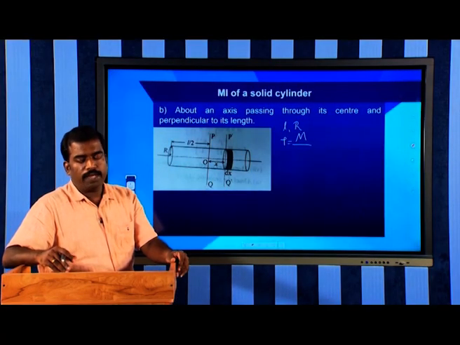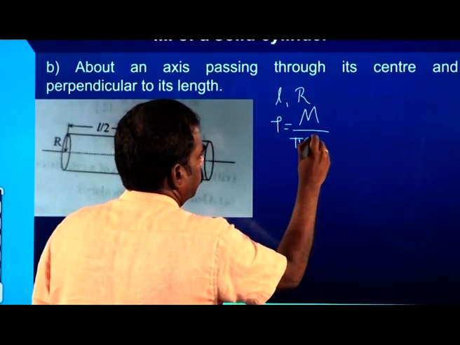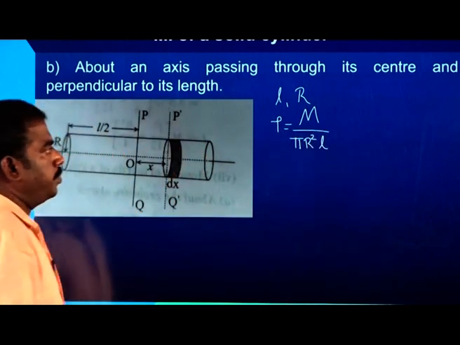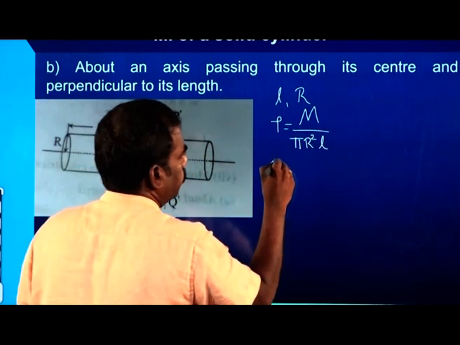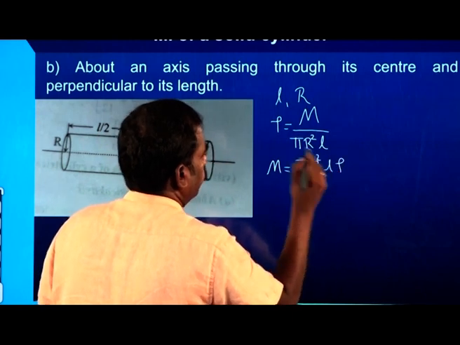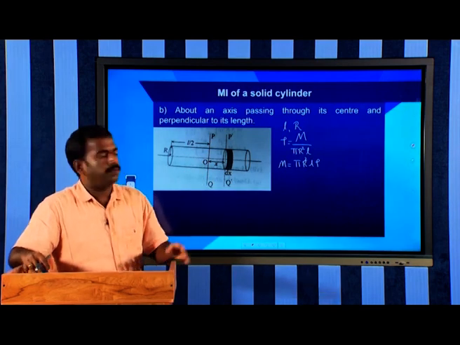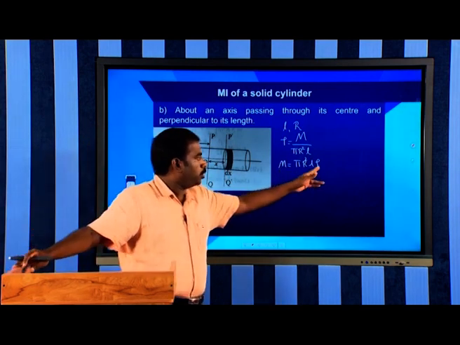The volume of the cylinder is pi capital R square into L, so M is given by pi r square L rho. This is the mass of the cylinder in terms of mass per unit volume.